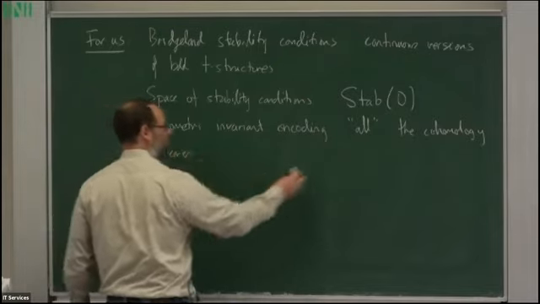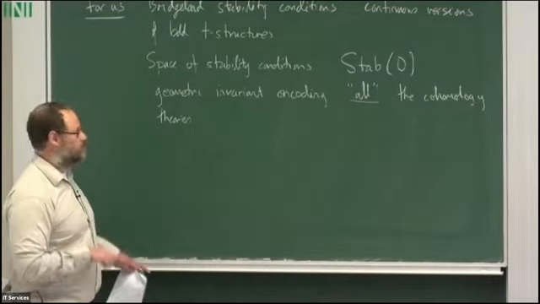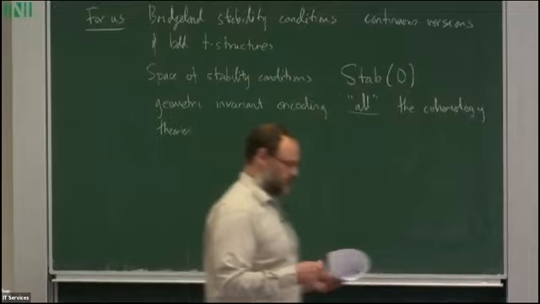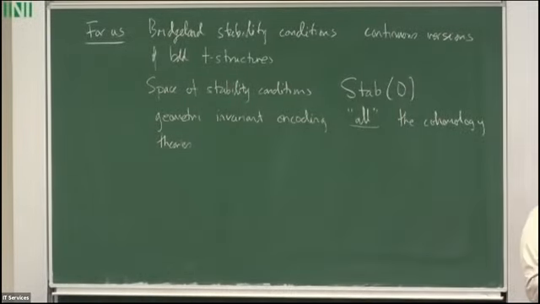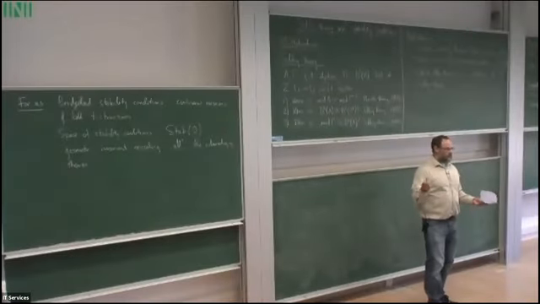This is actually a lie, so it's not all, okay, but most, right? So the idea is that we can get a geometric invariant out of the homological algebra of the category. So we have some geometric way of understanding the homological algebra, and that's what Bridgeland stability conditions gives us.